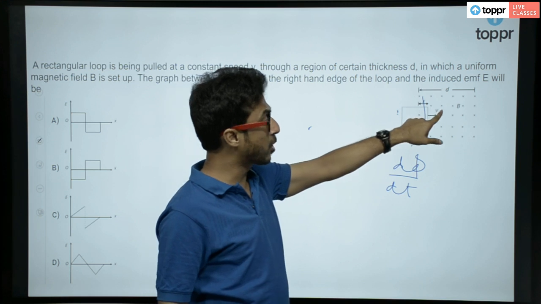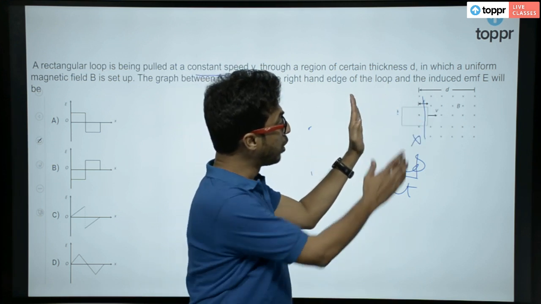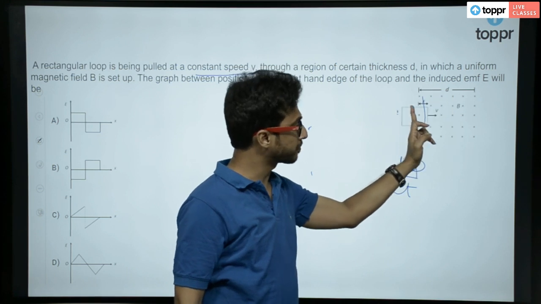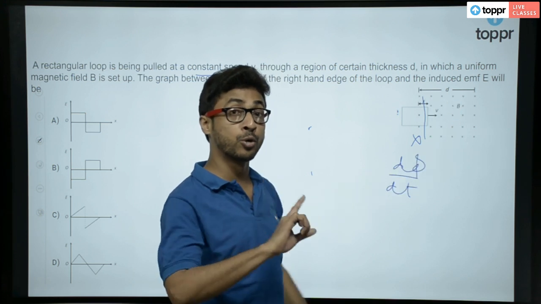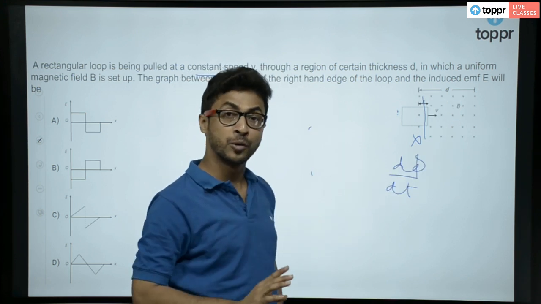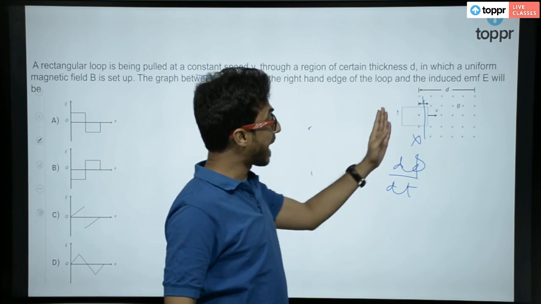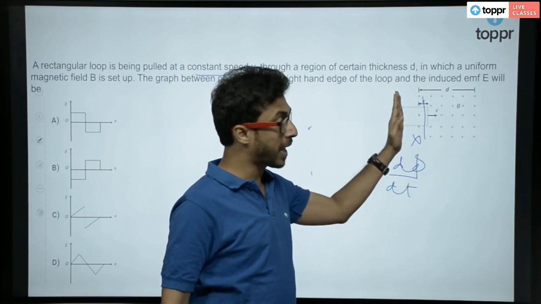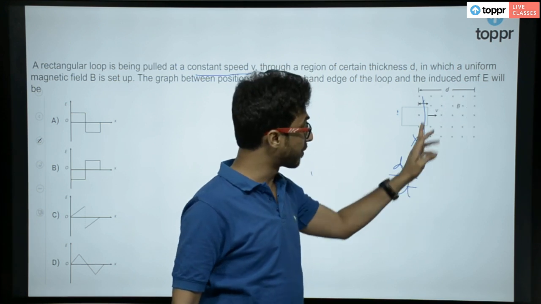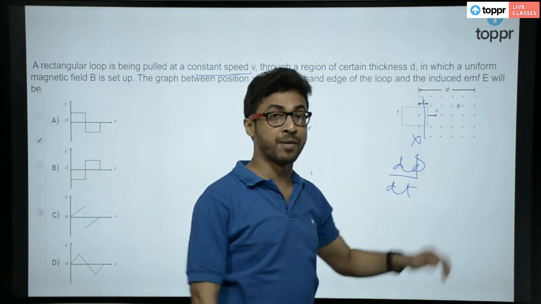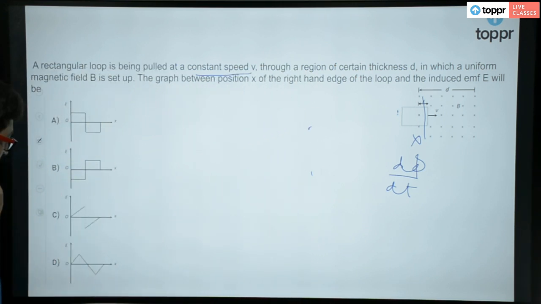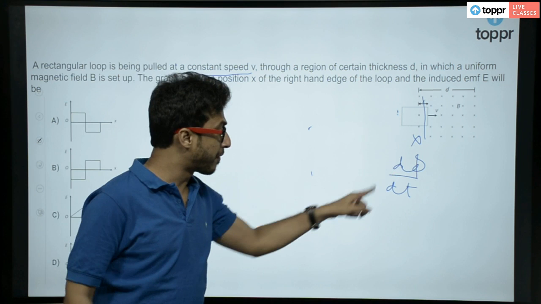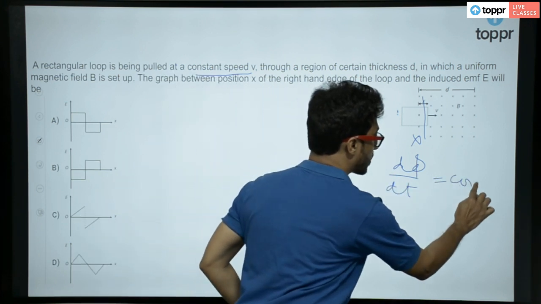Now the EMF will stay constant until the whole loop enters the magnetic field region. Then there will be no change, and at that time the EMF will be zero. And as it is going out, what will happen? The flux linked will be decreasing, and again EMF will be produced, and constant, as d phi dt is constant.